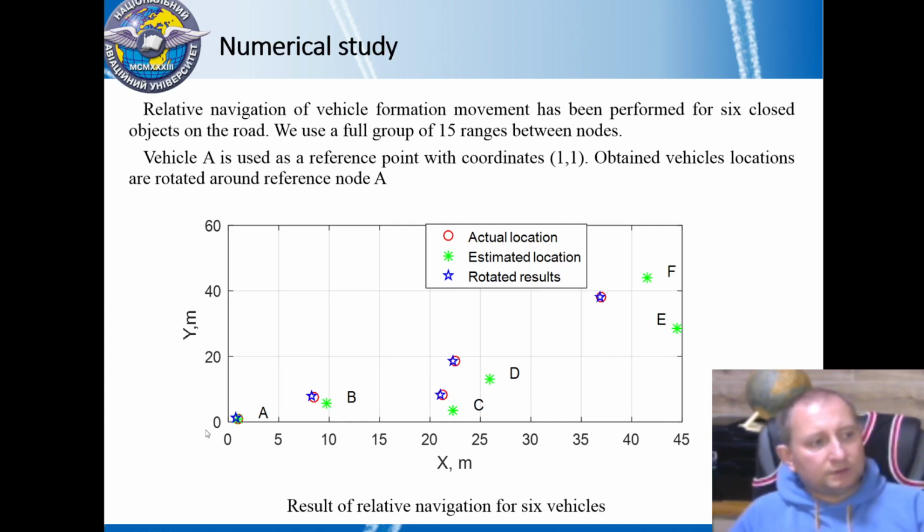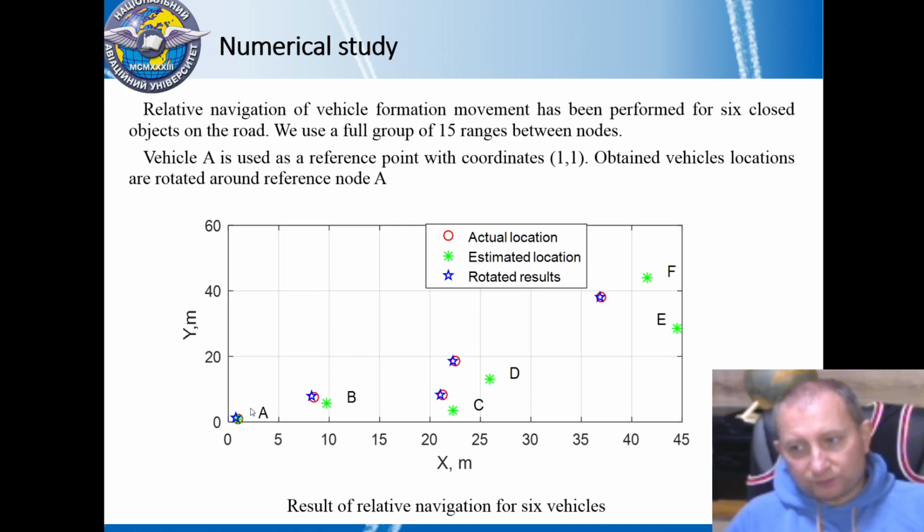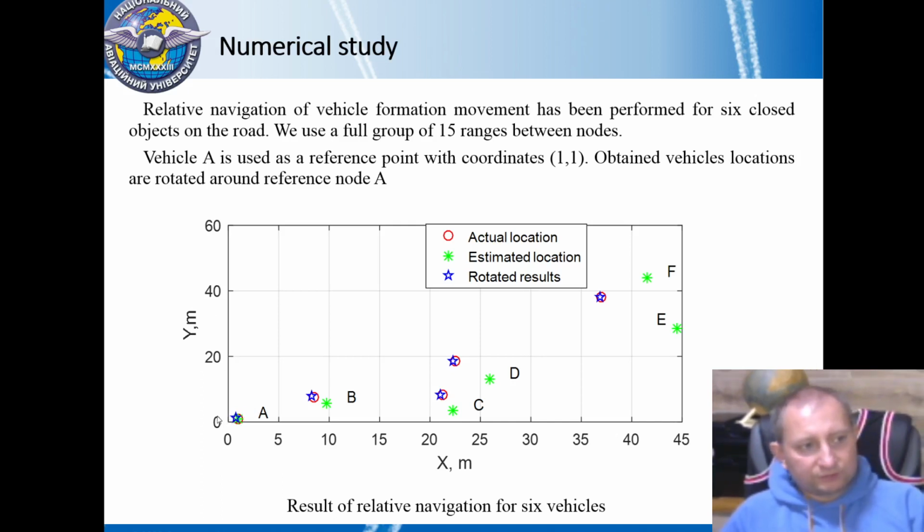And we use vehicle A as the reference point for our reference frame. That's why at vehicle A we've got 0, 0 coordinates of our local reference frame. And we can see that we've got the solution of the navigation equation. It was green stars. And you can see that we get the correct relation between these stars.